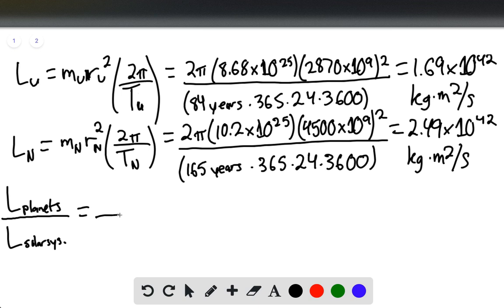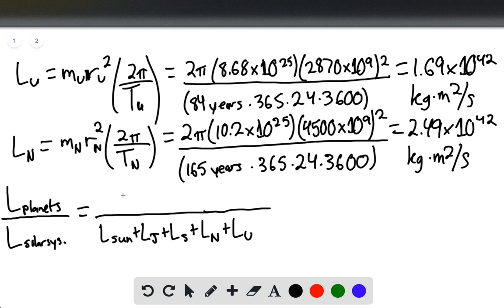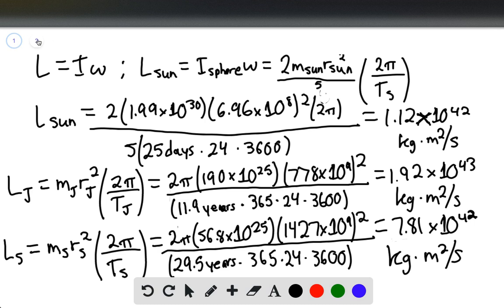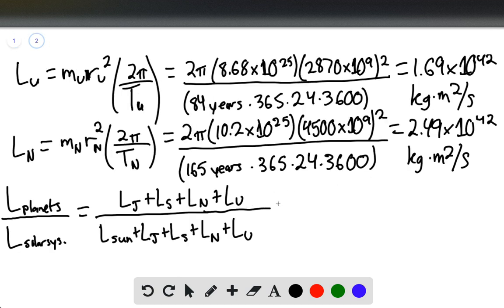And this will be equal to L of the Sun plus L of Jupiter plus Saturn plus Neptune plus Uranus, and then the angular momentum of Jupiter plus Saturn plus Neptune plus Uranus. And I'm not going to write down all of these numbers because they're already down here. So you can simply add them up and divide it by the total angular momentum of the solar system, and you find that this is equal to 0.966.